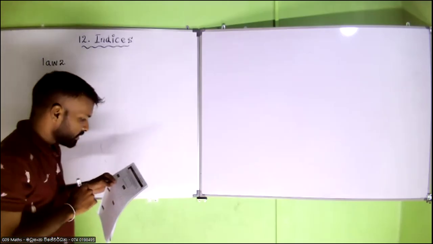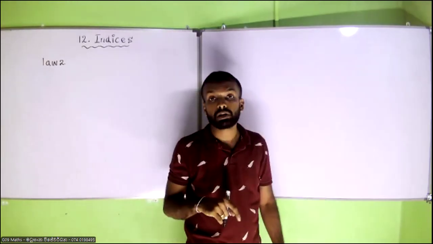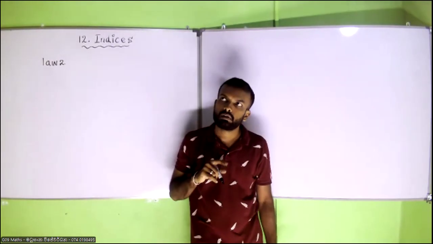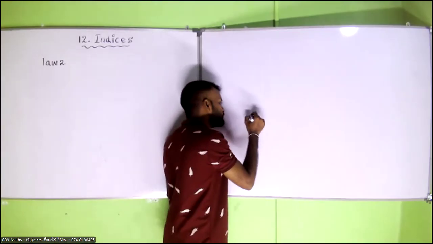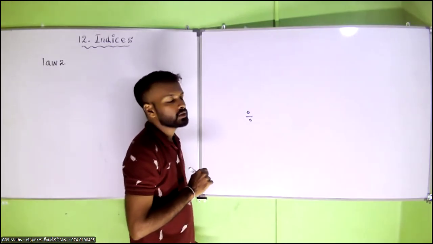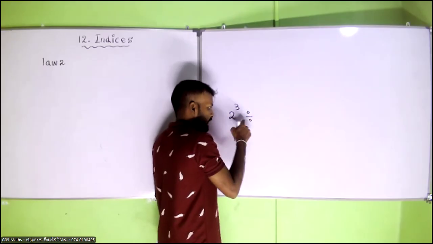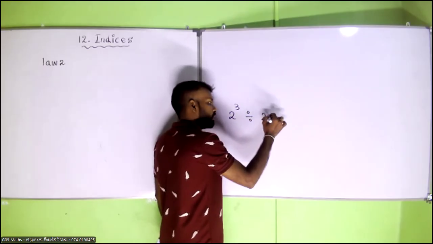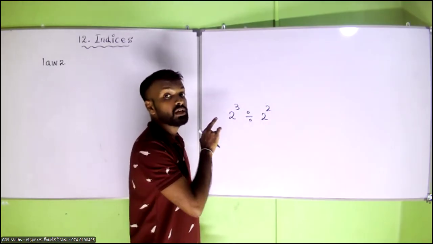When dividing two powers, if the bases are the same, indices can be subtracted. When dividing powers, you are going to divide the powers. For an example, I'll take the power 2 to the power 3, dividing by 2 to the power 2. Bases should be equal.